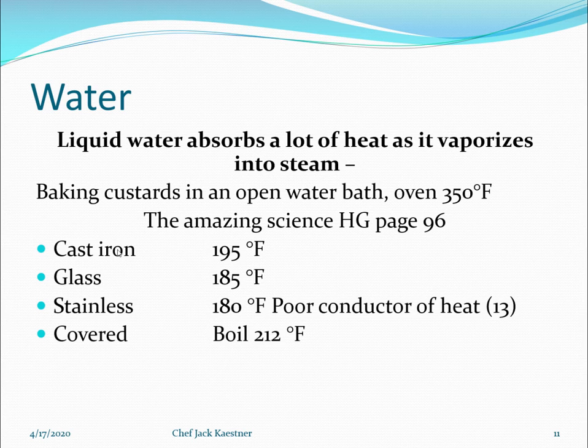He used a cast iron roasting pan, a glass one, stainless steel, and then he covered one. Even though they're all in a 350 degree oven, the temperature of the water was different. In the cast iron and glass, you need about 185 degrees for the custard to set.